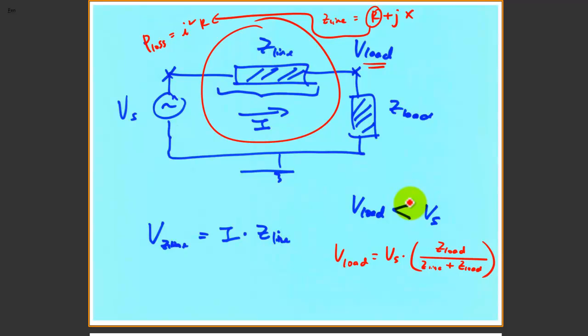So this is how we analyze the circuit to determine the power loss, which is number 1, and the voltage profile, which is number 2. Under these circumstances, it's easy because the circuit is straightforward. It's pretty obvious how we can solve it using the basic circuit theory that you learned before.